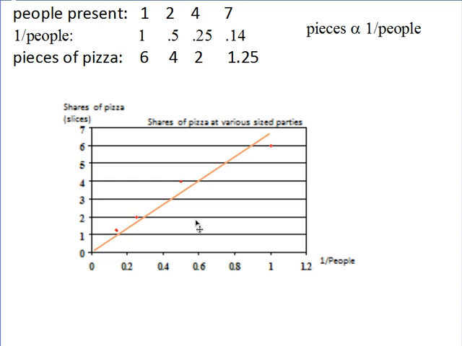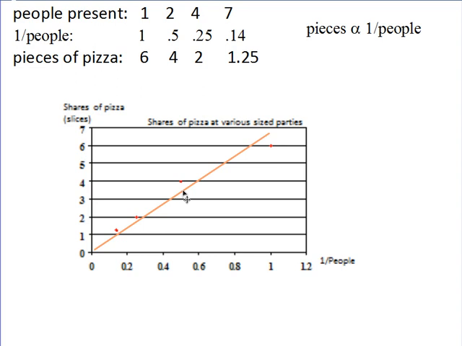Now, this is open to discussion. You could say, no, you forced that. That's not really straight. It's in fact an arc. And it doesn't really go through the origin. It ought to be a little bit more up here. Well, we can have an argument. That happens. Data does not speak for itself. It has to be interpreted.